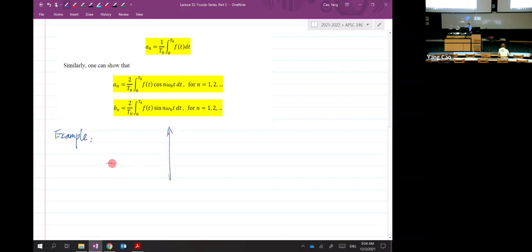One of the examples we started: we're looking at a periodic function. There's a whole bunch of boxes repeating itself, so it's a periodic function.